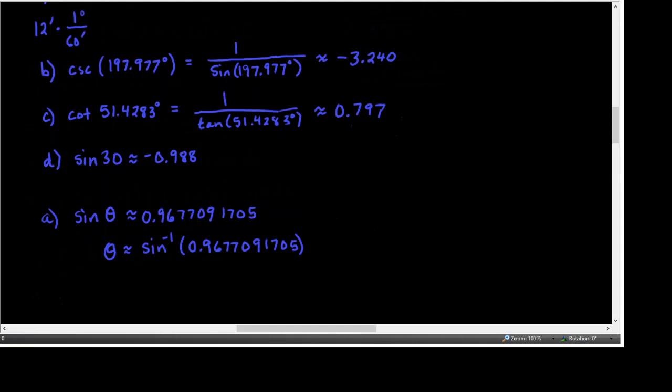So if it fails to say what mode you should be in, degree mode or radian mode, I would like for you to start assuming that I'm always wanting radians. If the directions don't say, assume the answer is in radians. This one actually has directions that say use degrees, so make sure you're in degree mode, and you should see 75.4 degrees approximately.